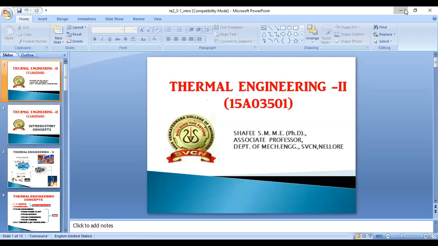So in a nutshell, this is the energy conversion of your steam power plant: high pressure steam or heat energy to mechanical energy, and mechanical energy to electrical energy by using an alternator. Okay, right?